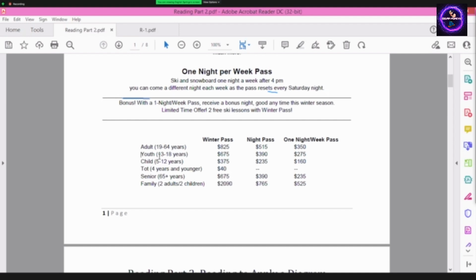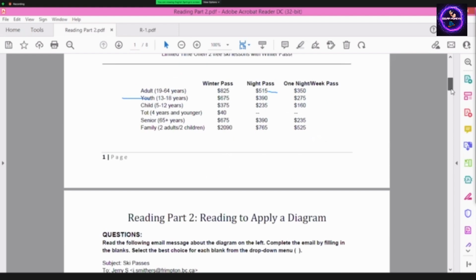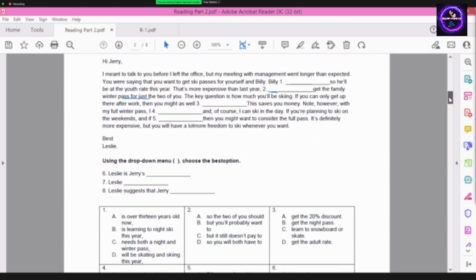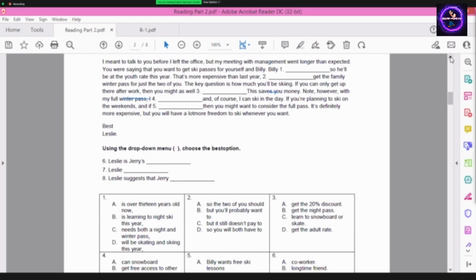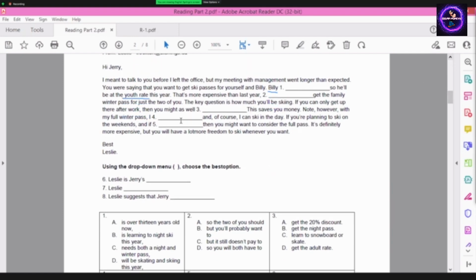Right. And here it is said that youth starts from 13 to 18 years of age. So we can very well understand that when Leslie is saying to Jerry that Billy will be at the youth rate this year, he is trying to mean that he will be over 13 years old. So that's why he will be at the youth rate this year. Yeah, you can also check the other options and see that they do not match with the keyword given after the blank.